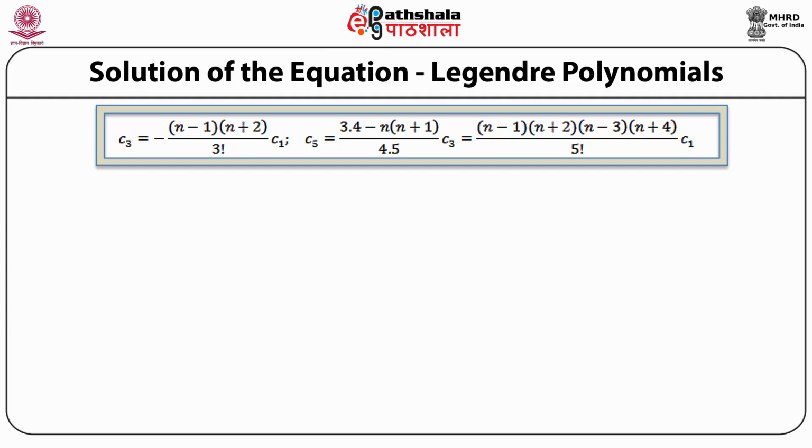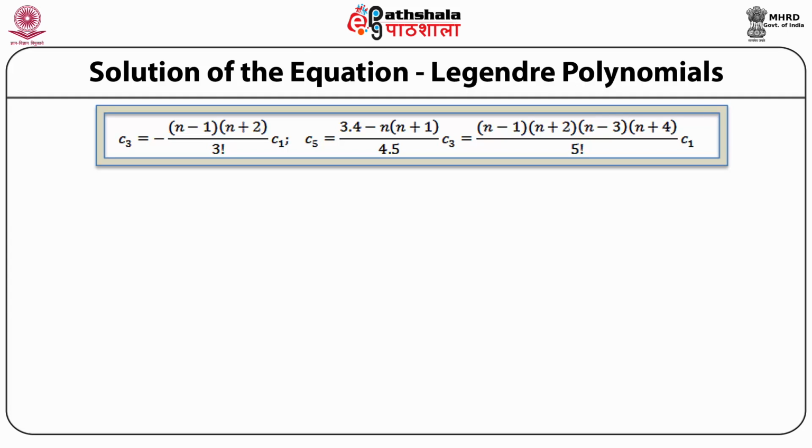The entire thing is multiplied by c3, which results after simplification in c5 equal to minus (n minus 3) into (n plus 4) into c3 by 4 into 5. Or I can rewrite the expression as (n minus 1) into (n plus 2) into (n minus 3) into (n plus 4) c1 divided by 5 factorial.